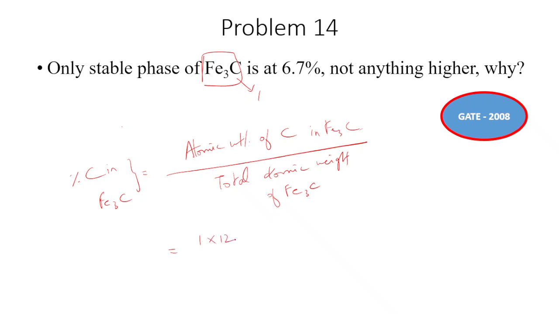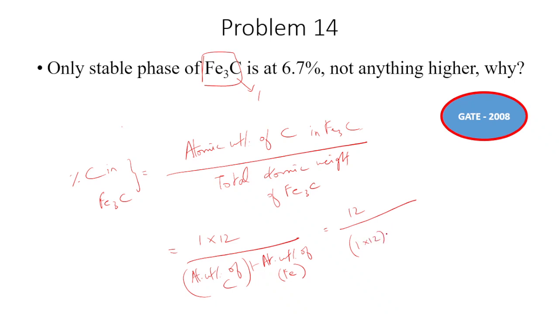So it's 1 into 12 divided by the total atomic weight of Fe3C. That is the atomic weight of carbon, again 1 into 12, only one carbon atom, plus the atomic weight of iron, 3 iron atoms, each 56.